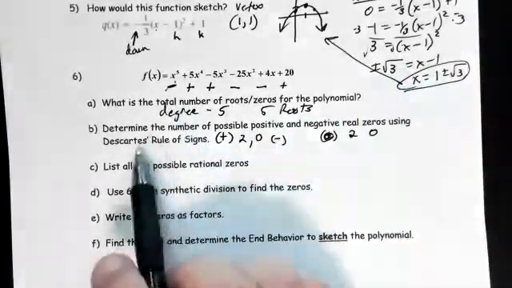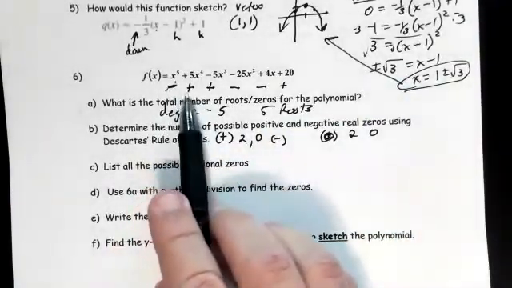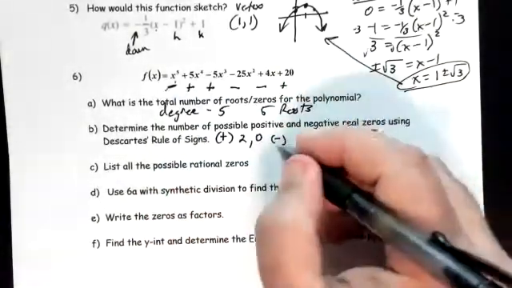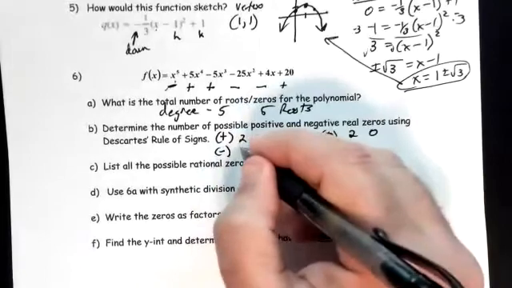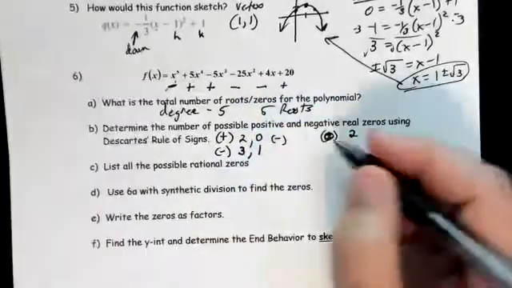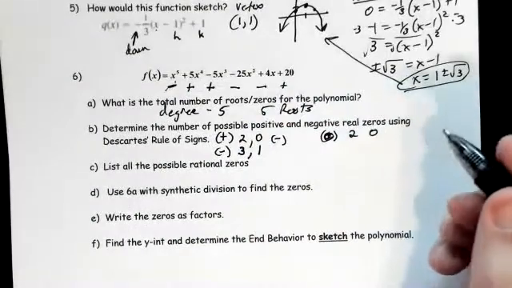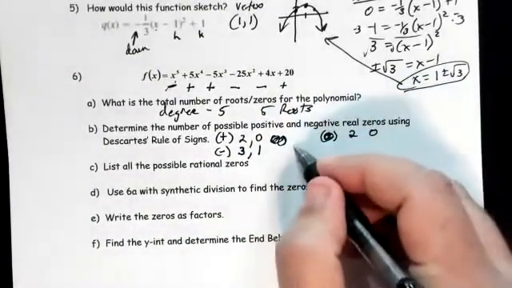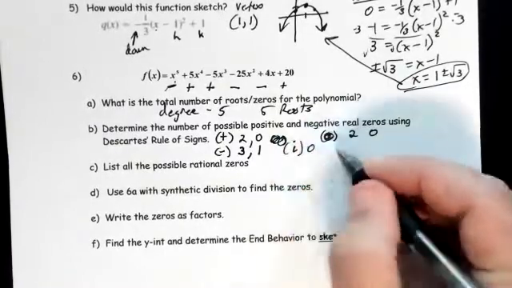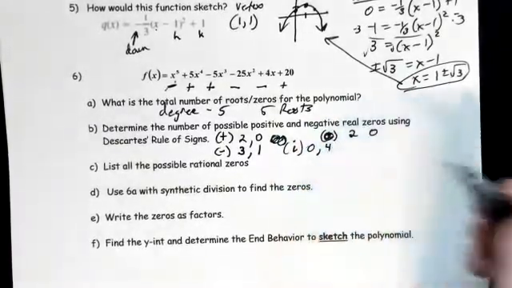Count our possibilities here. 1, 2, and 3. So for negative, we're going to have, we'll just put it here again, 3 or 1, okay? Which means, and it doesn't ask for imaginary, but imaginary, you're either going to have 0 or 4.